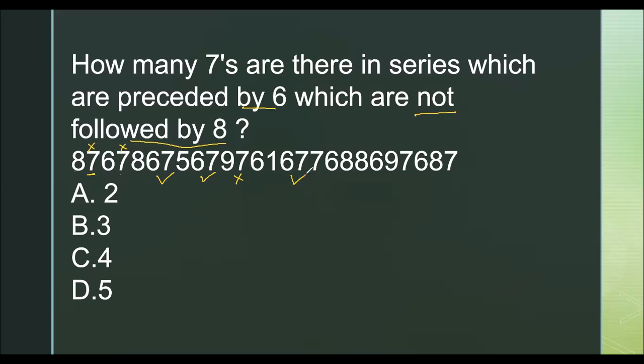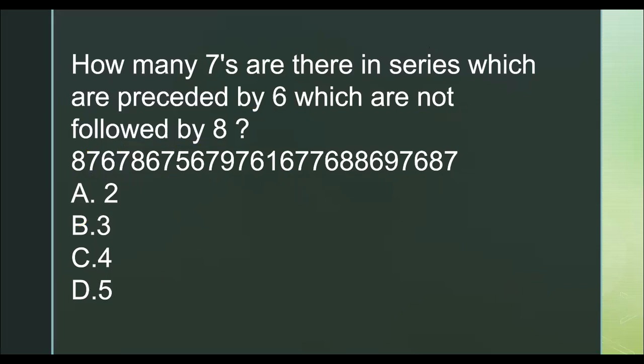It is also correct. This 7 is preceded by 7. No. This 7 is preceded by 9. No. This 7 is preceded by 8. No. So the total number of 7s is 3. So B will be my right answer. In this kind of question, you can easily do this.